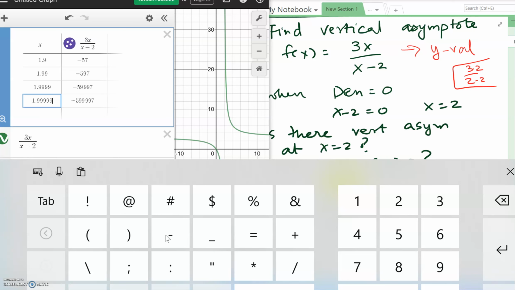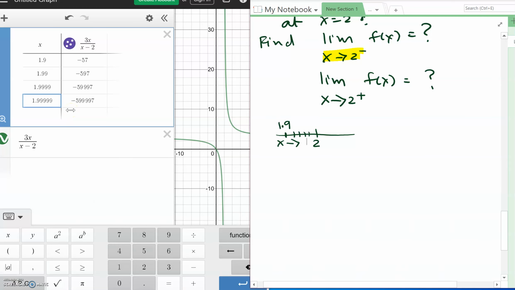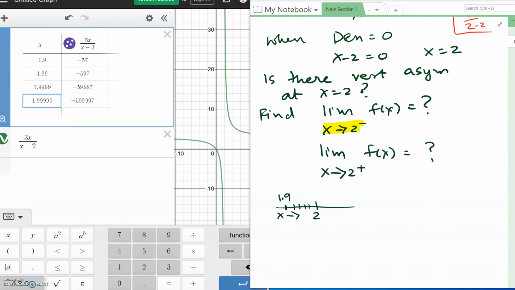We can see that the numbers are still negative but becoming larger and larger with a negative sign. So as x approaches 2 from the left side, it becomes a very large negative number, and the process can continue. So this whole thing goes to negative infinity.